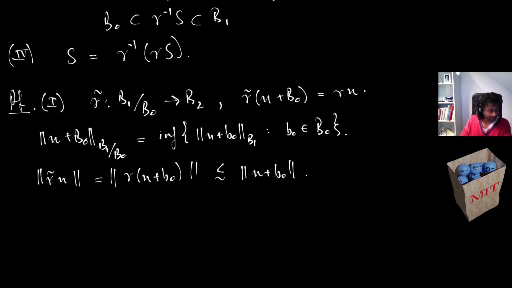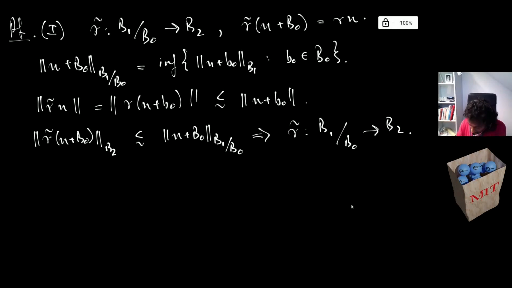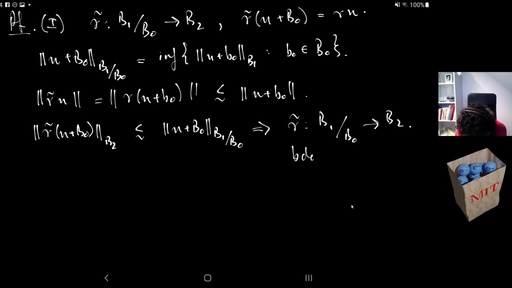So what this tells us is that gamma tilde of u plus b naught, this is in B2, is now bounded against u plus b naught in this quotient space. This gives us that this is a bounded map.